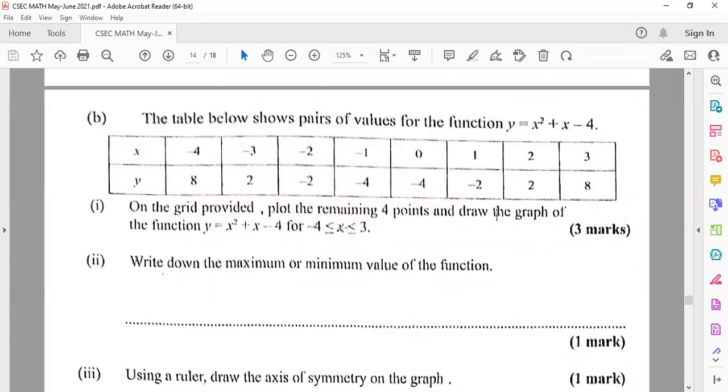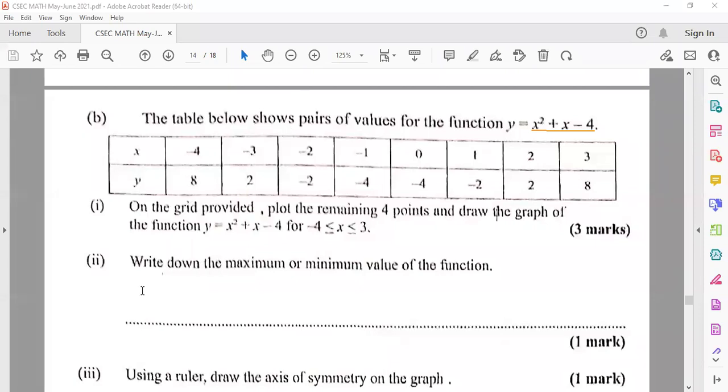So this is the range of values for x, and we are going to use each value of x, put it into the equation x squared + x - 4, and then we will get a y value, right?